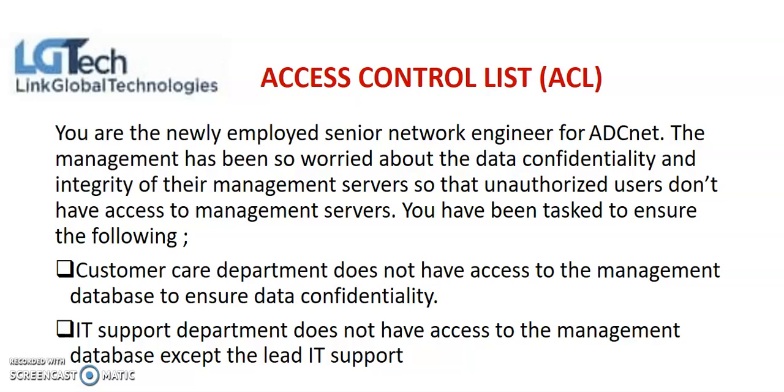One, the customer care department doesn't have access to the management database, to ensure data confidentiality. Two, the IT support department should not have access to the management database, except the lead IT support. So how do you implement that? One of the ways to get that done is through ACL.